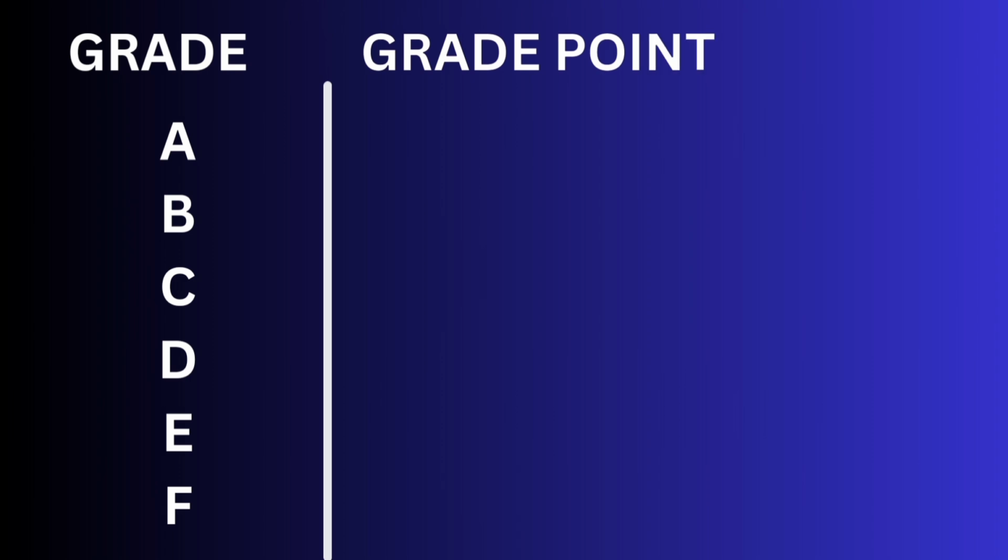This is known as the grade points. For example, an A might be worth 5 points, B 4 points, C 3 points, D 2 points, E 1 point, and F nil, and so on. So make sure you have this information beforehand in order to start off your calculation for your GPA.